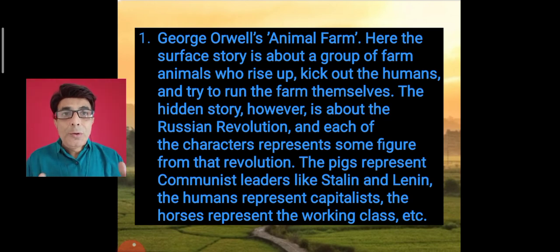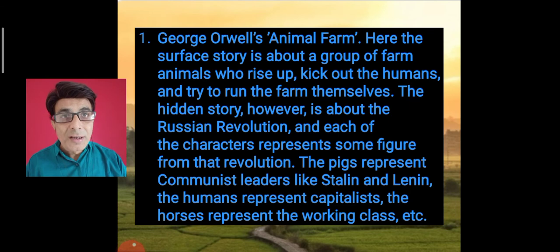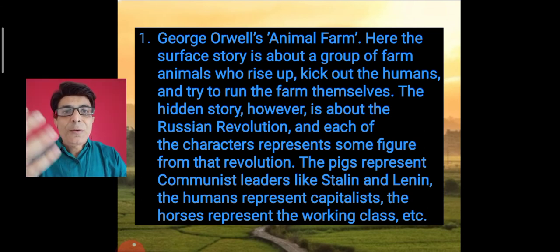This is the surface story, but the hidden story is about the Russian Revolution, which took place in the 20th century, in which each character represents somebody, each character stands for something.